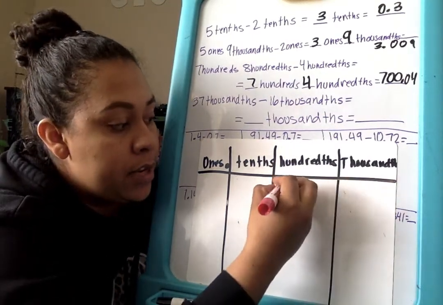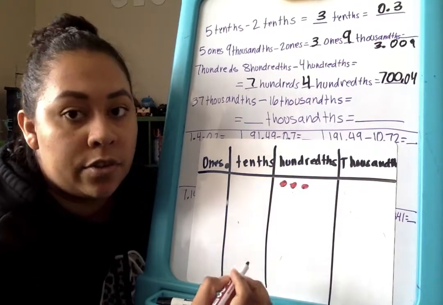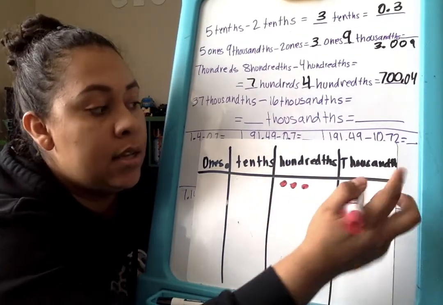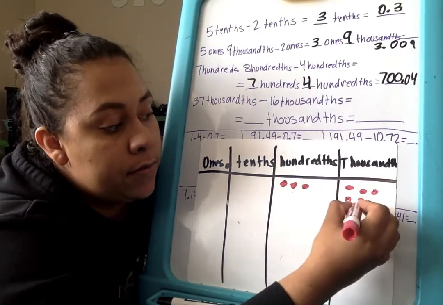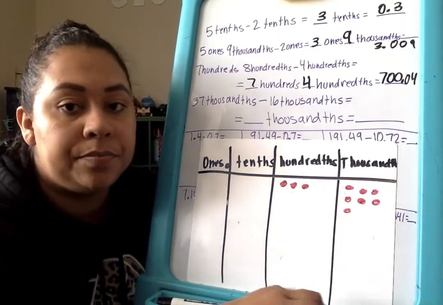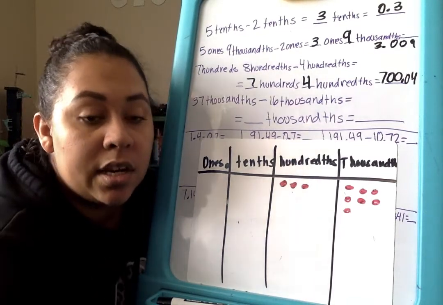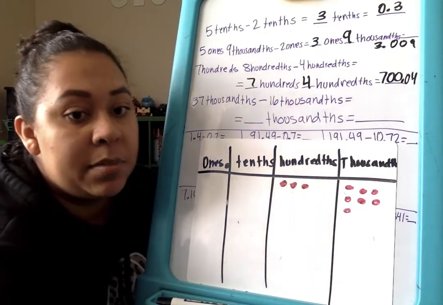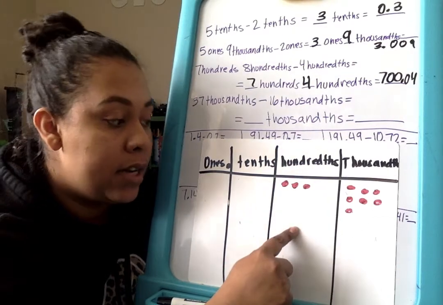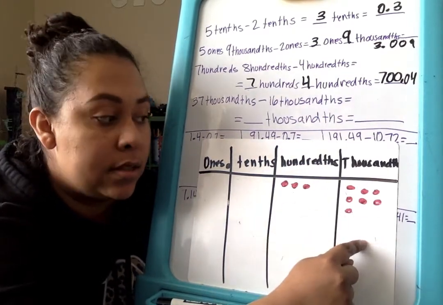So we can put 3 here for 30 thousandths and then 7 here. 1, 2, 3, 4, 5, 6, 7. Okay, so now you're going to take away 16 thousandths. So that means take away 1 hundredth and 6 thousandths.